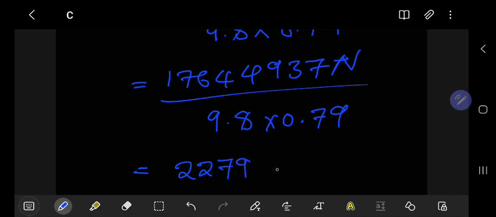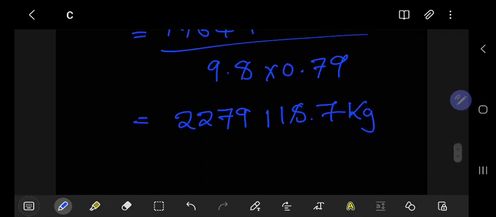So this comes out as 2,279,118.7 kgs. Okay, so this is what we have. We can write it in scientific notation. Kgs is fine, or you can write it in mega. Again, don't forget how you convert it to mega.